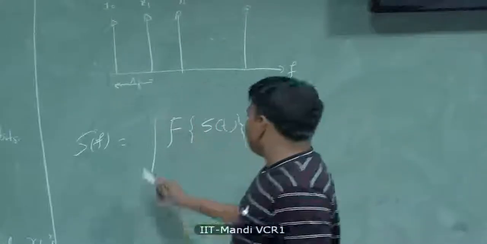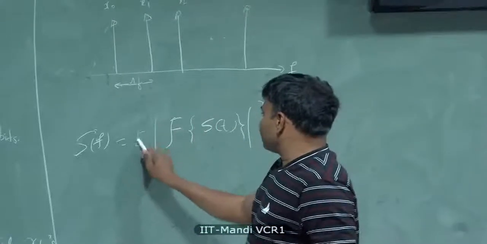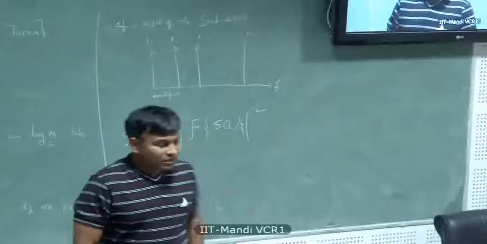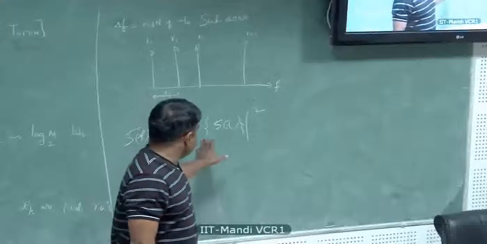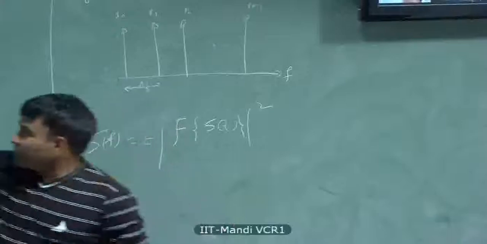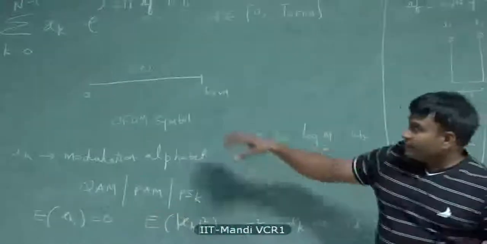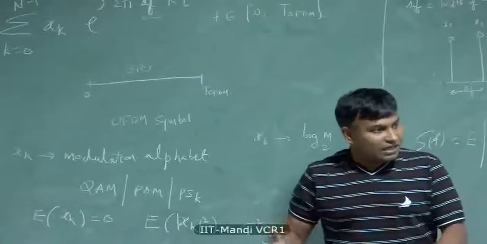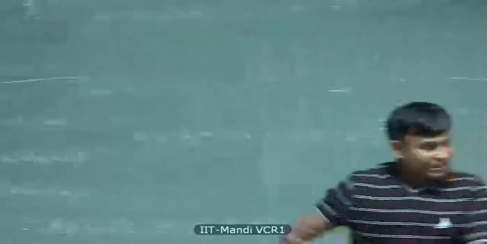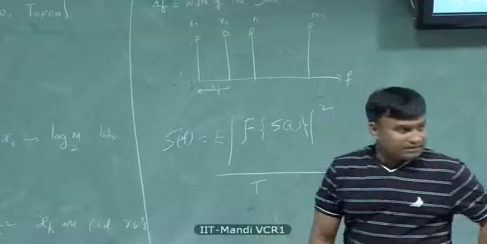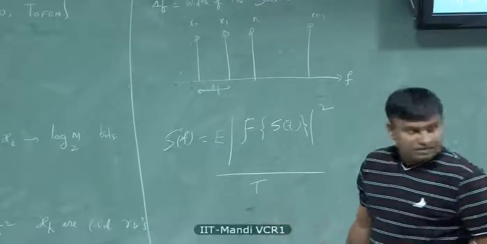And divided by, well, this is just energy, it's just a Fourier transform. What I would do is that I will take the expected value so that the randomness inside, it is still one snapshot, right? So what you would do is I will take the Fourier transform of this one OFDM symbol, I will square it, and I will take the adjacent OFDM symbol, I will take the Fourier transform, I will square it, and many such snapshots, I will average them and divide it by the total time taken, whatever this time is.